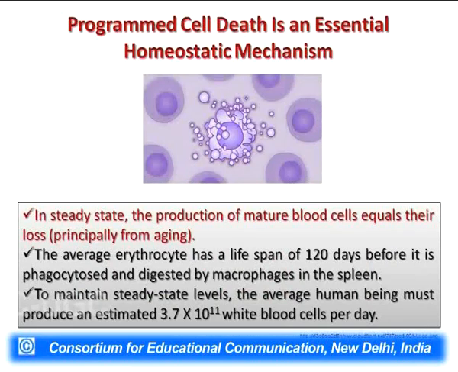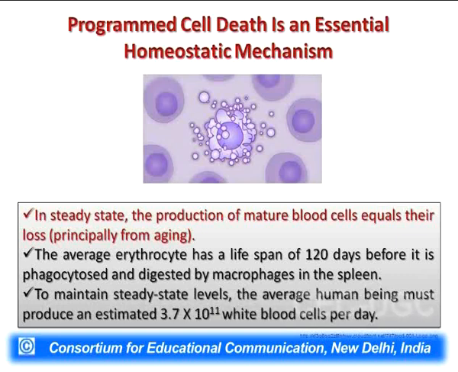Now, these hematopoietic stem cells are essentially controlled with the help of a mechanism called programmed cell death. We know that red blood cells, or erythrocytes, have a lifespan of about 120 days, after which they are killed or get damaged automatically.